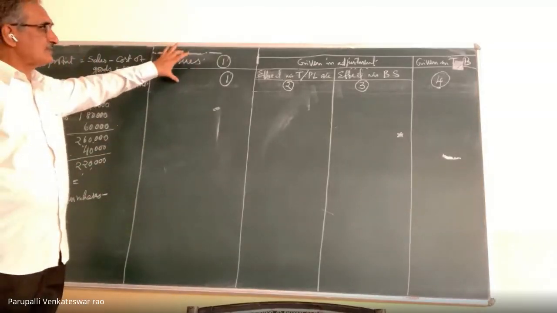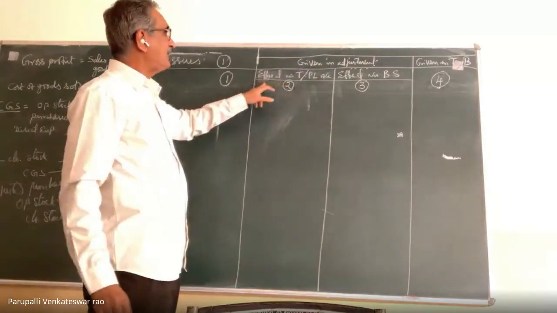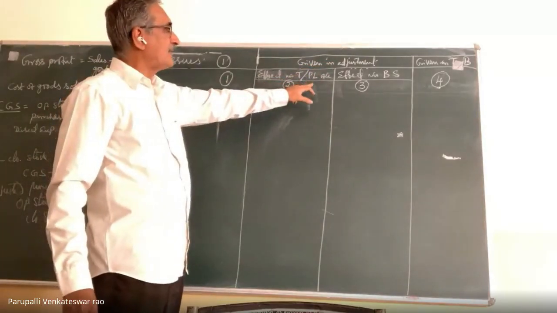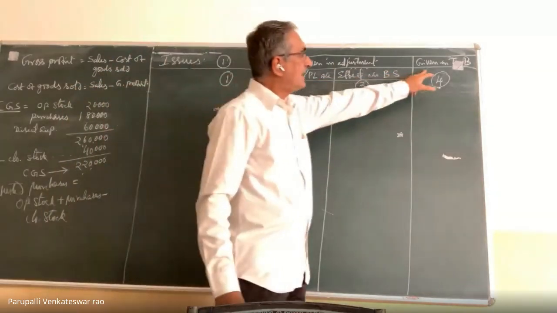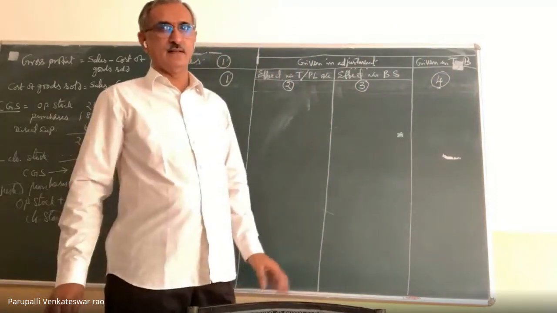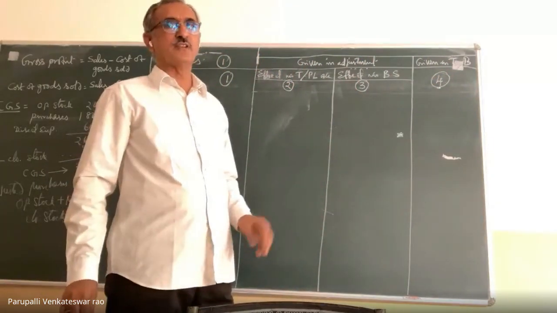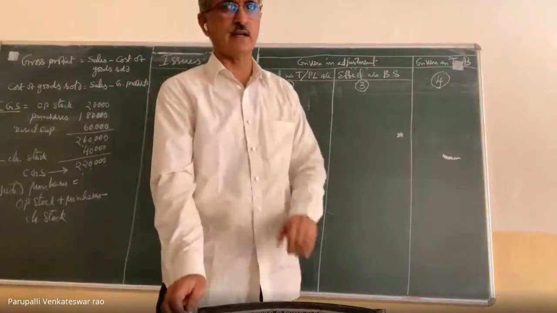One is issues. The main is given in adjustments, effect in trading and profit and loss account, effect in balance sheet. This is the format. I will forward it to you, don't worry, but try to understand.